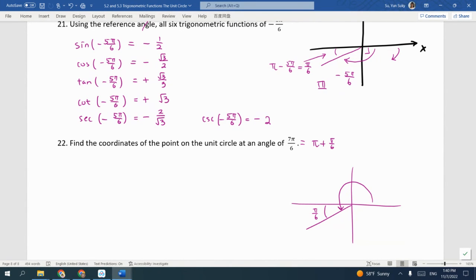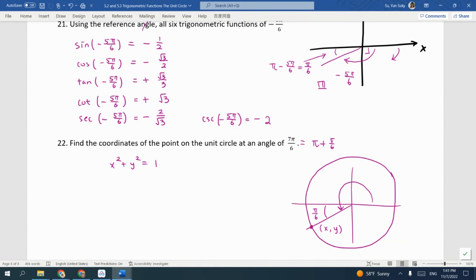Yes, everybody? Oh, but we want to find the coordinates of the points on the unit circle. So we want to find the coordinates. Remember here, coordinate x comma y. Okay? So it's on the unit circle, x squared plus y squared equals 1. Right, everybody?